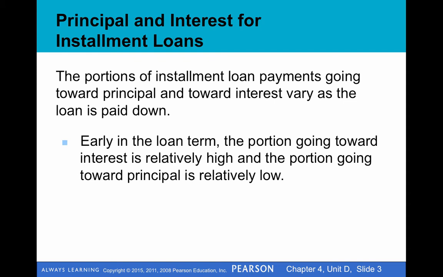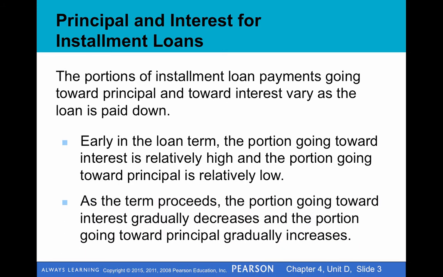And as you pay off the loan, that balance starts to go down, and so the interest starts to go down, and that's eventually what we're showing here. As the term proceeds, the portion going towards interest gradually decreases, and the portion going towards the principal gradually increases. So eventually, as you start to pay off your loan, the interest goes down, and the amount that you pay towards what you owe goes up.